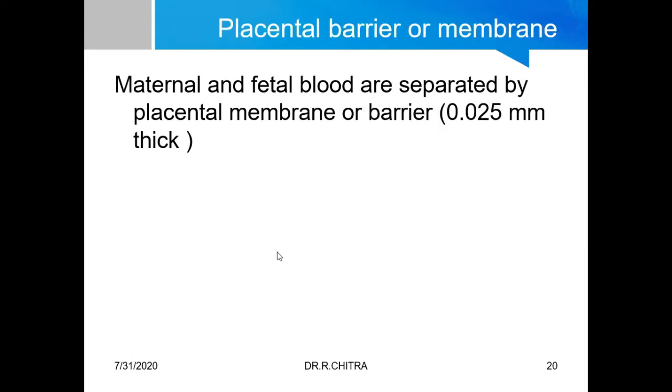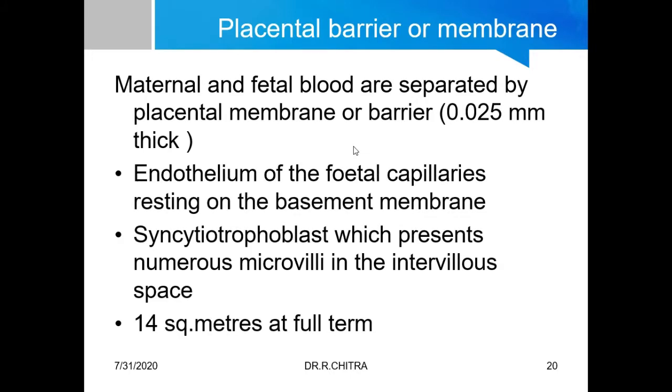What is the placental barrier or membrane? The layers which separate the maternal and fetal blood are called the placental membrane or barrier. It is very thin, 0.025 millimeter thick. Only two layers in the full-term placenta separate the maternal blood and the fetal blood.